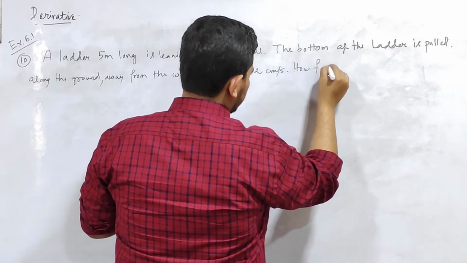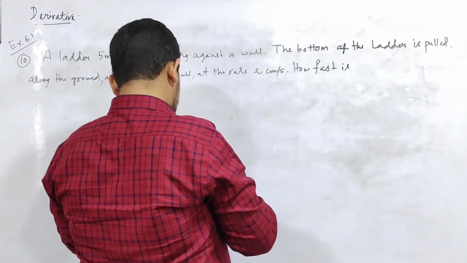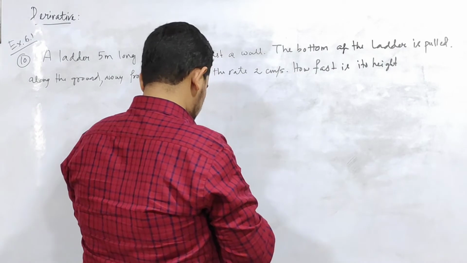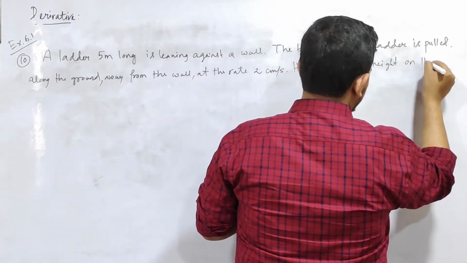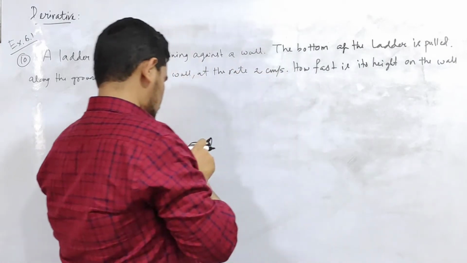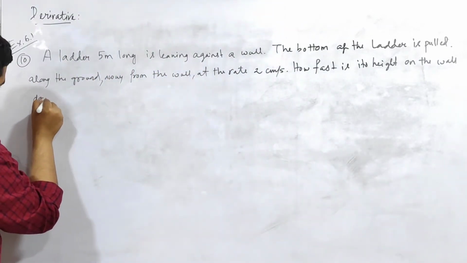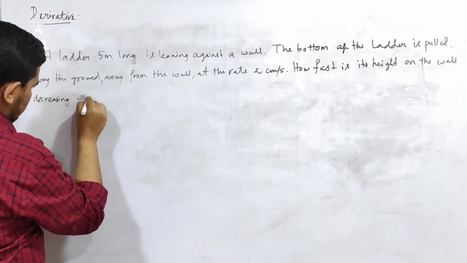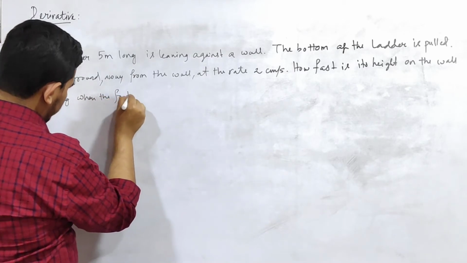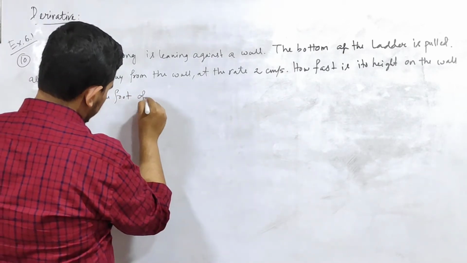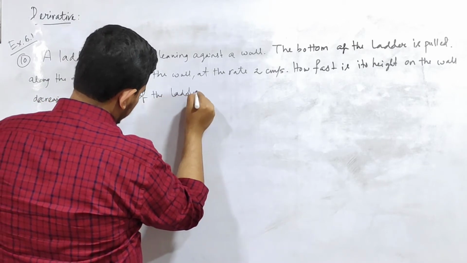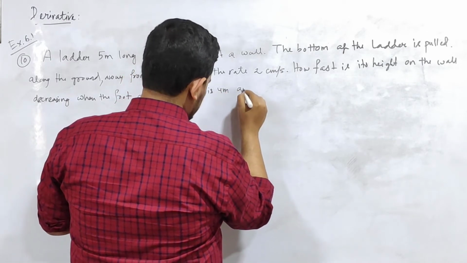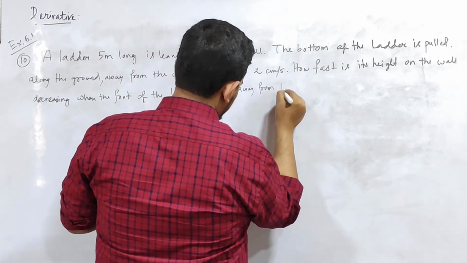How fast is its height on the wall decreasing when the foot of the ladder is 4 meter away from the wall?